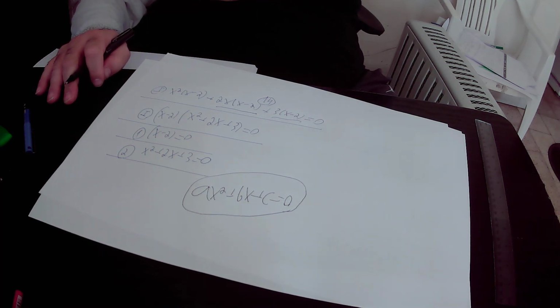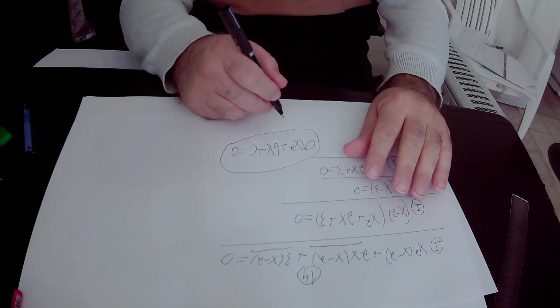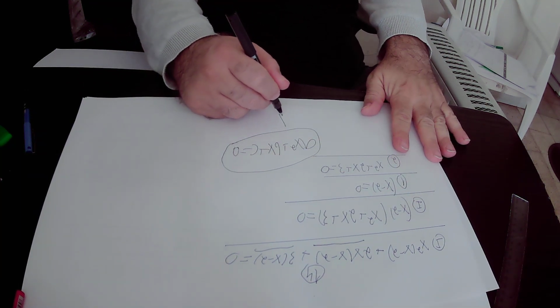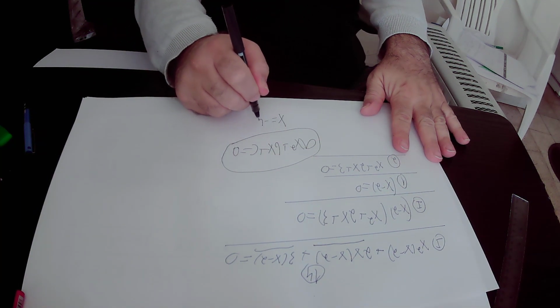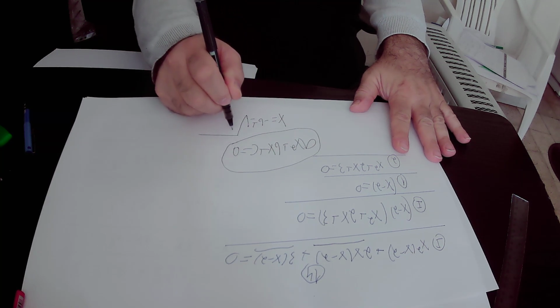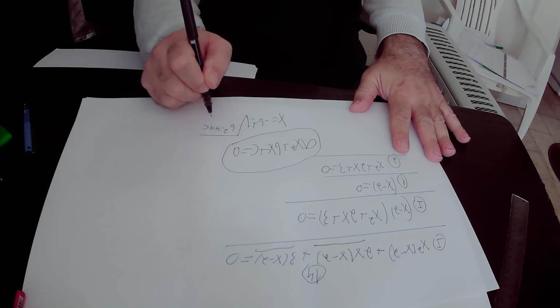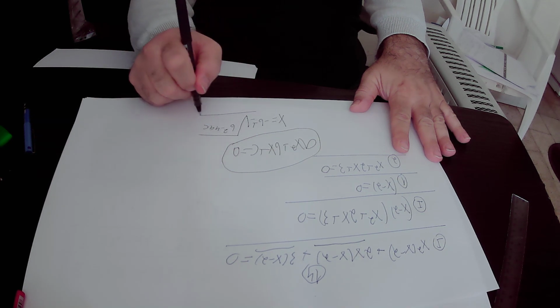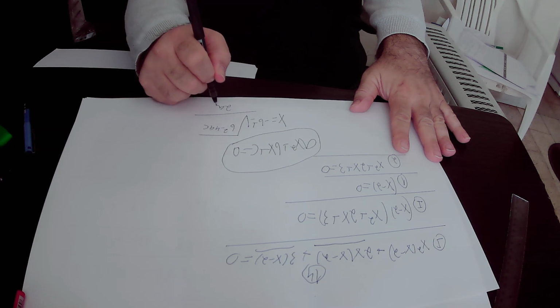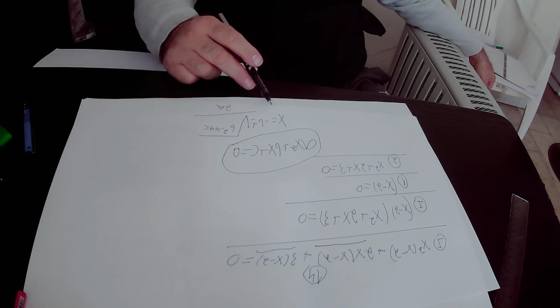We will find the value of x according to the following special formula: x equals minus b plus or minus the square root of b squared minus 4ac, over 2a.